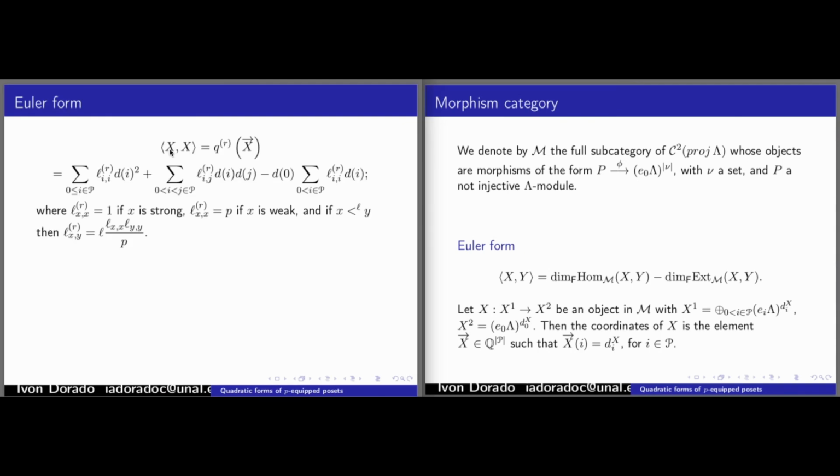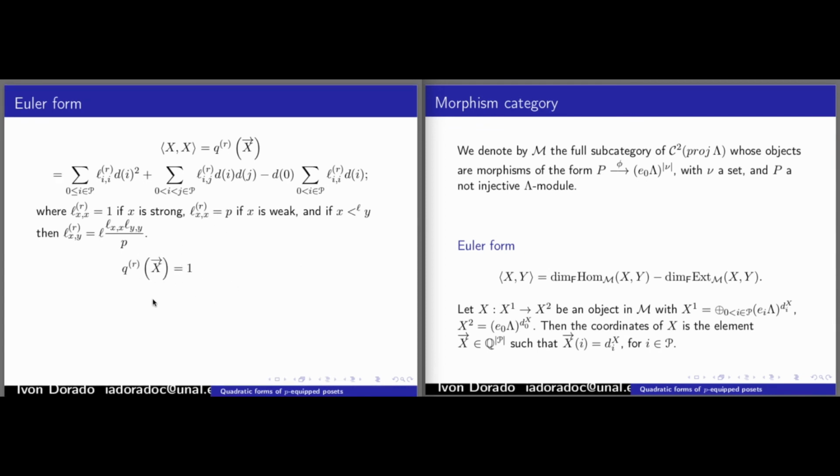We prove we can evaluate the Euler quadratic form of each object by evaluating its corresponding coordinate vector in this quadratic form, which depends only on the numbers we have assigned to each relation. So it depends only on the form of the poset, and it can give us, of course, the dimension of the endomorphism space minus the Ext. This Ext is trivial if the object is in the postprojective or projective component in the Auslander-Reiten quiver.